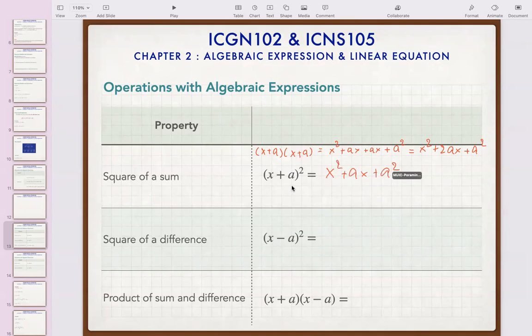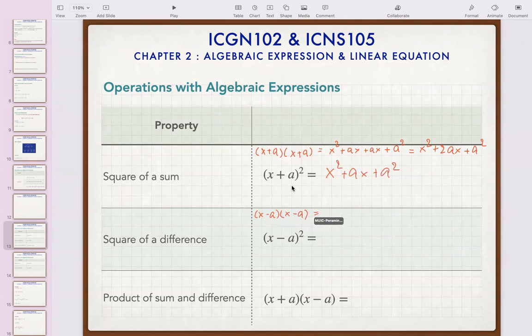Okay, next is the square of a difference. That means you have subtraction between two terms first, and then you square them. So (x minus a) squared, or if you break it out, you get (x minus a) times (x minus a).